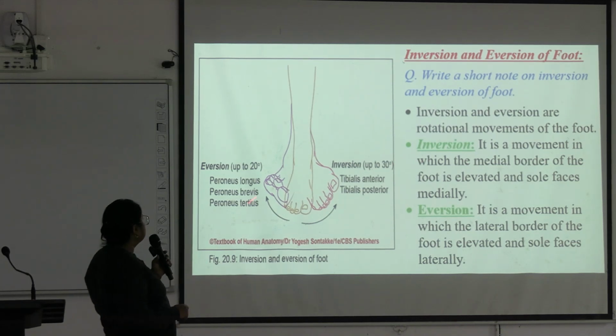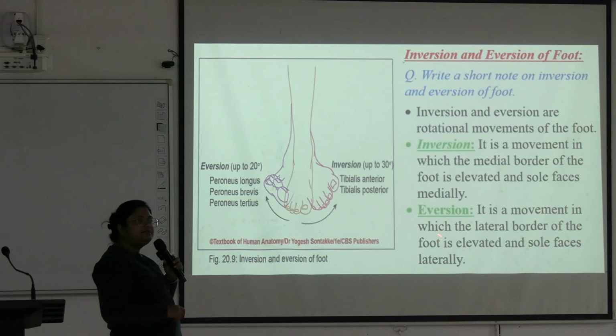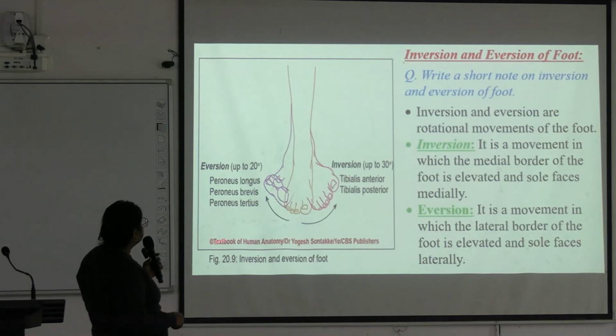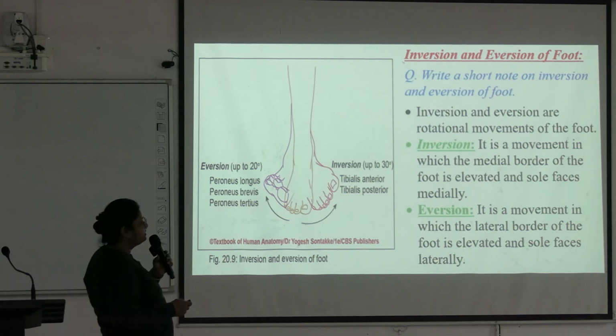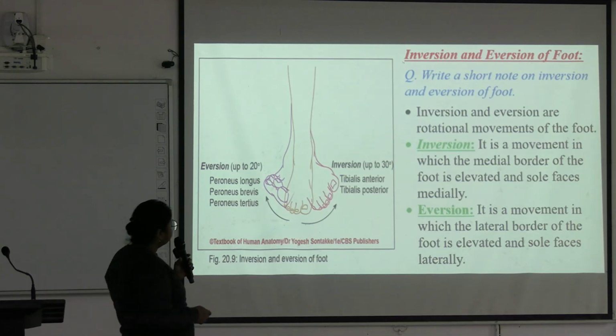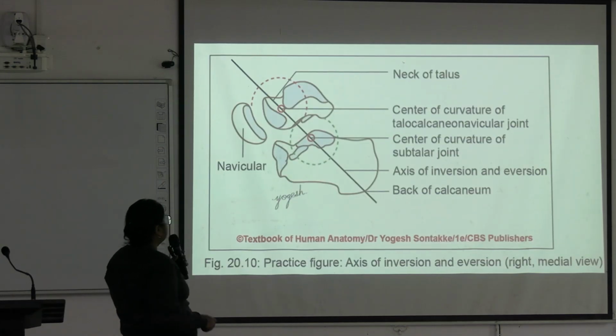Okay, and these are the muscles involved. Inversion is done by tibialis anterior and tibialis posterior, and eversion is done by peroneus longus, peroneus brevis, and peroneus tertius. Okay. So what is the axis?